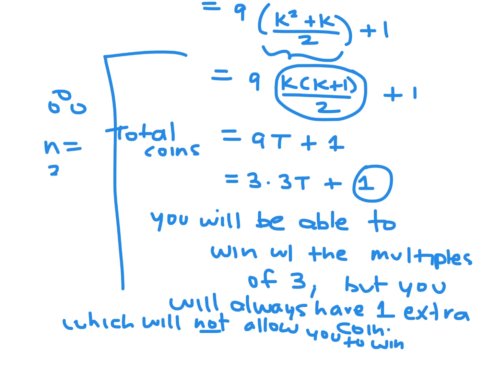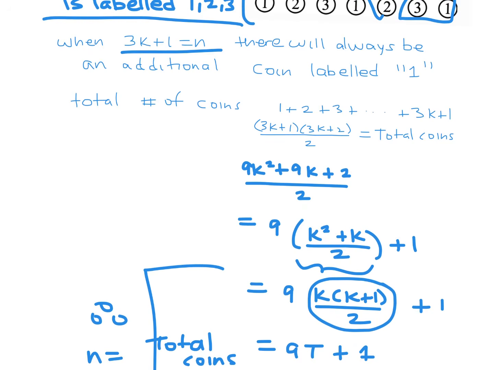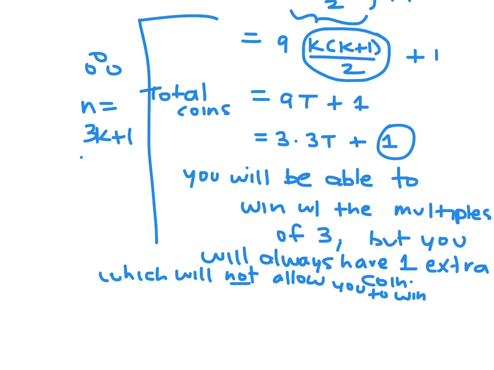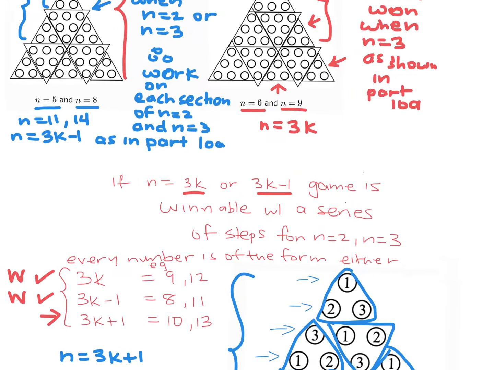So therefore the conclusion is that when n is equal to 3k plus 1, a win is not possible. So going back to the original question, what were they asking?